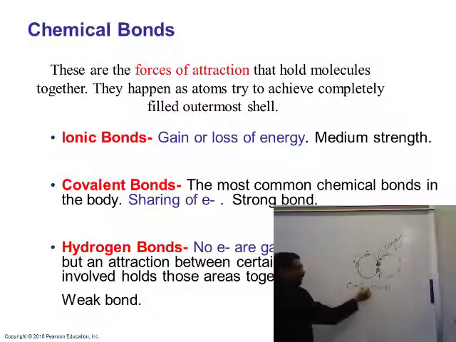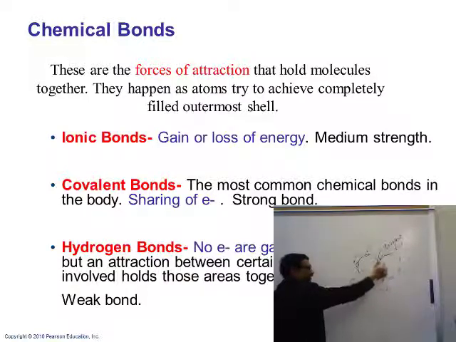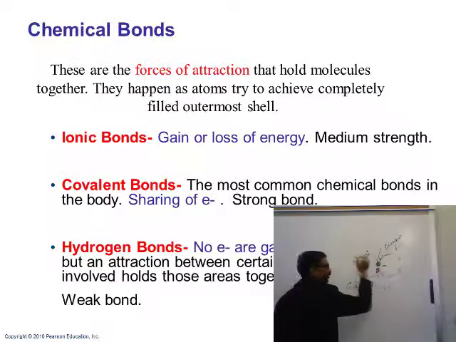Okay, these lines. What do these lines indicate? These lines indicate how many pairs are being shared to form the covalent bond. So if you see 2 lines, that means 2 pairs. So in this case, we'll say 2 lines.